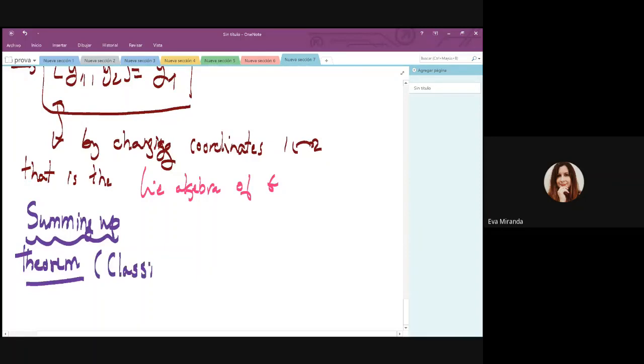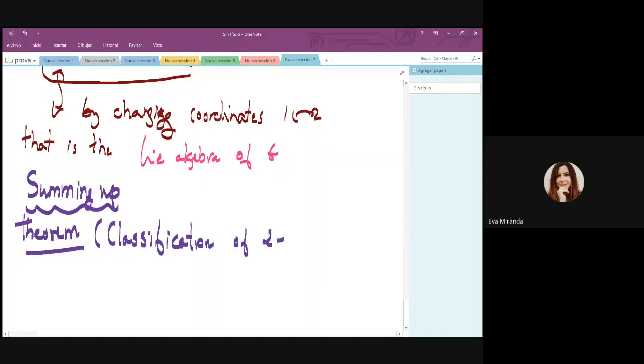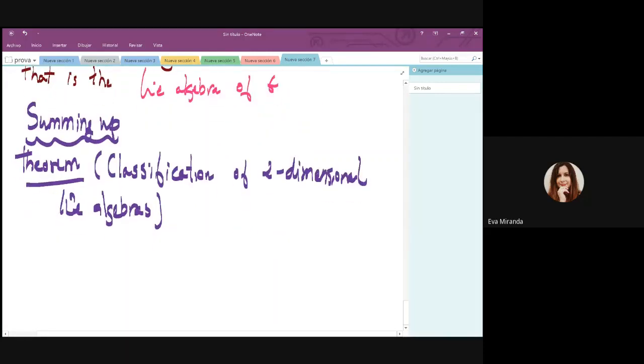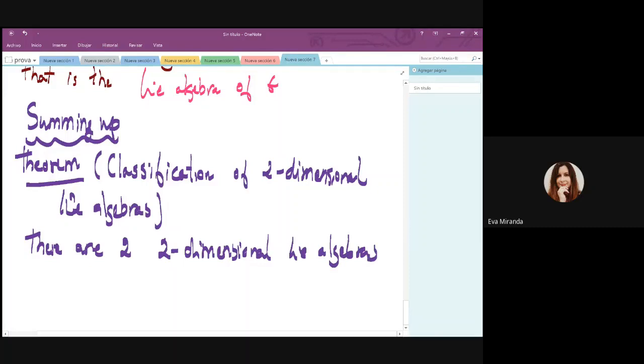Classification of two-dimensional Lie algebras. There are two two-dimensional Lie algebras. The first one, with bracket equal to 0, is the abelian one.